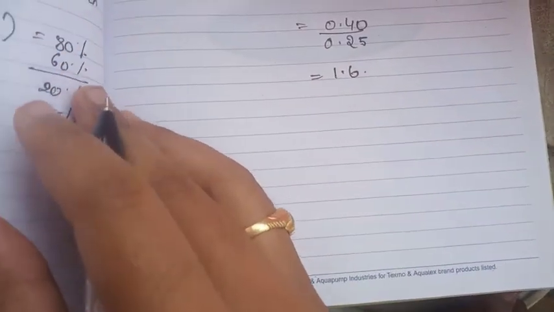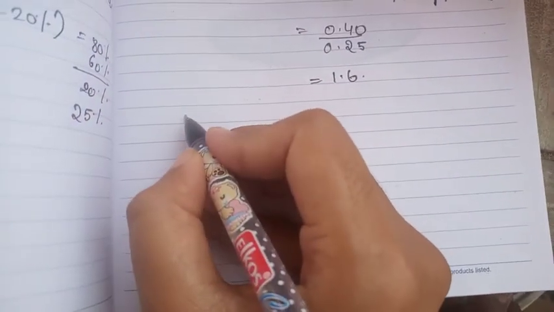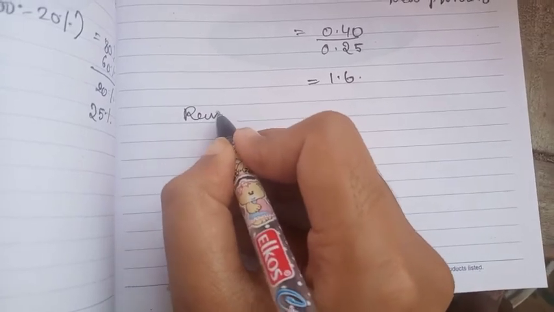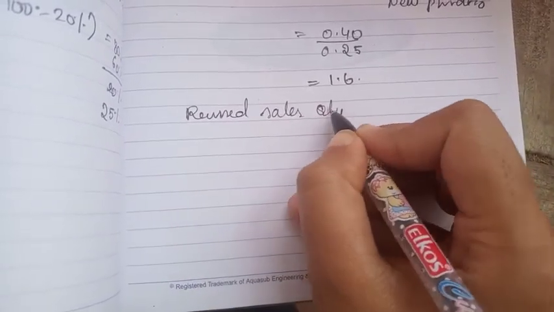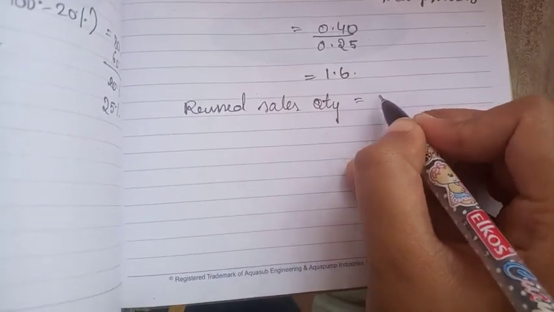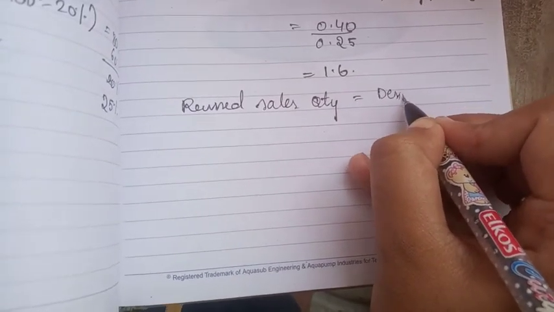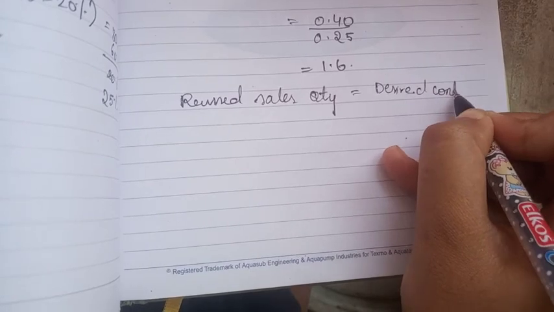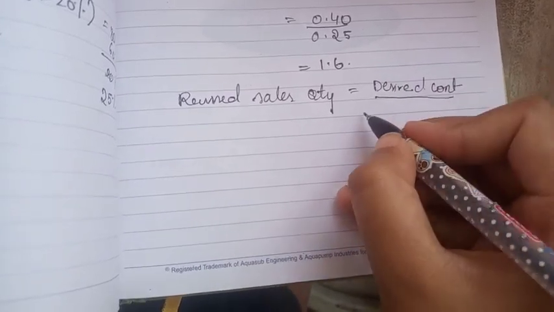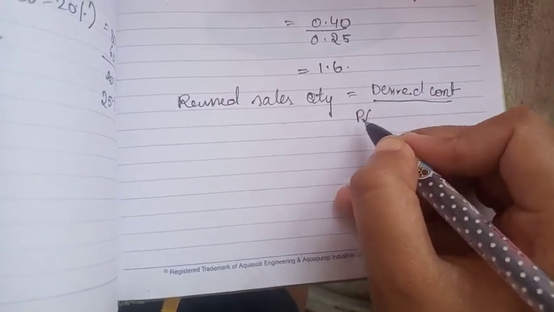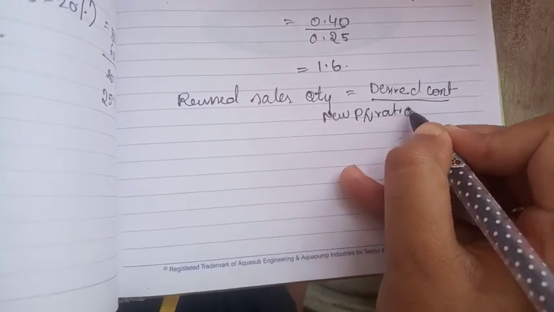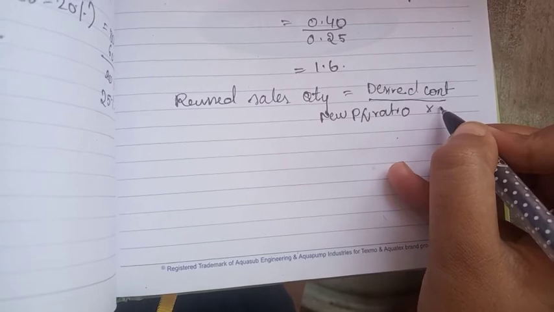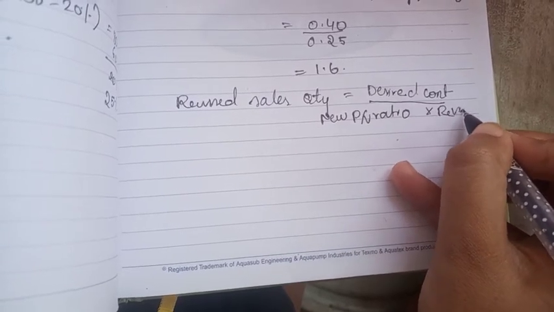So now we will find out the new revised sales quantity. Revised sales quantity is equal to desired contribution divided by new PV ratio into the revised selling price.